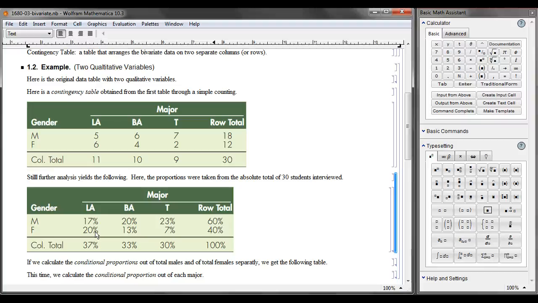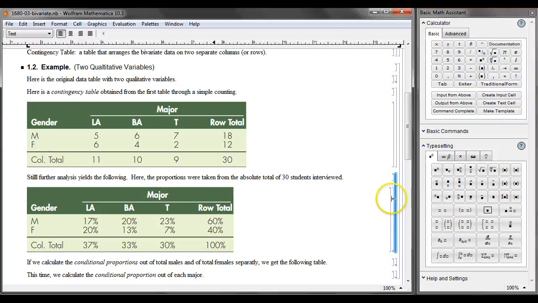For example, if you're going to concentrate upon, say, male technology majors, you can do the same thing. 7 male technology majors out of a total of 30. So 7 divided by 30, what do you get? We get 23%. This kind of thing is an example of a contingency table.